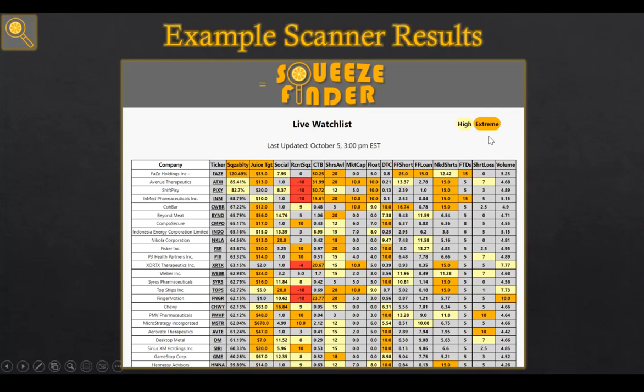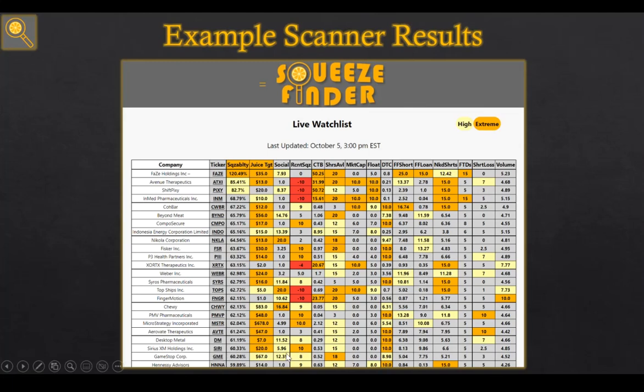Something I added recently was the color coding system. Yellow values are considered kind of high, or a little above average, and orange values are extreme. When you take a look at this, and we'll jump onto the live website in a few minutes, you can see where the hot tickers are, especially if you look left to right and see how many orange values there are.